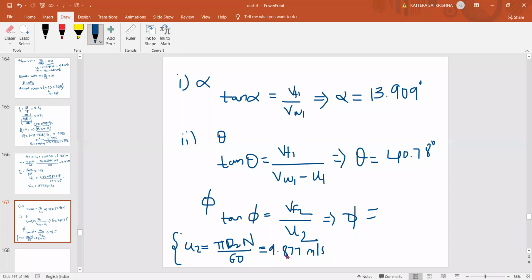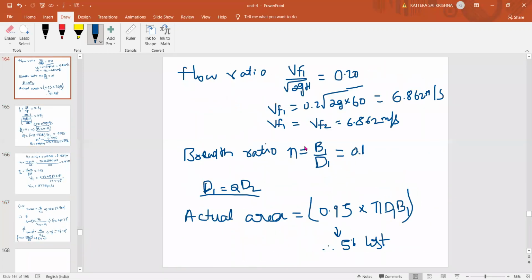Then substitute VF2 by this 9.877 to get phi, 34.789. Okay, so that is the phi angle.